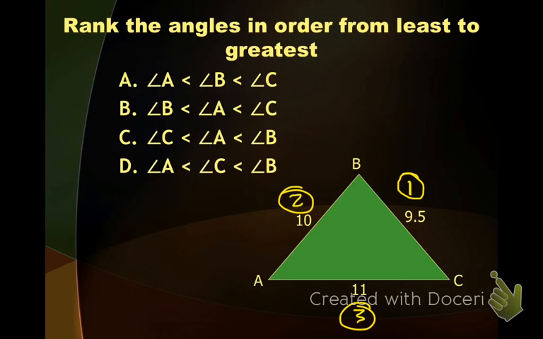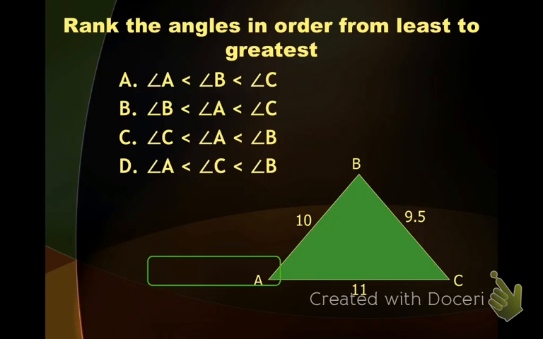So now the angles that correspond to these side lengths, the angles that are opposite: angle A corresponds with the side length 9.5, angle C corresponds with the side length 10, and then angle B corresponds to the longest side, 11. So that's going to be our order ACB. And there's your answer choice D.